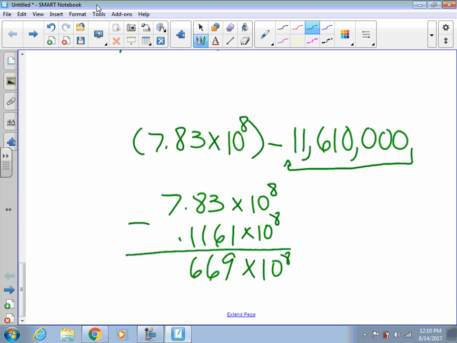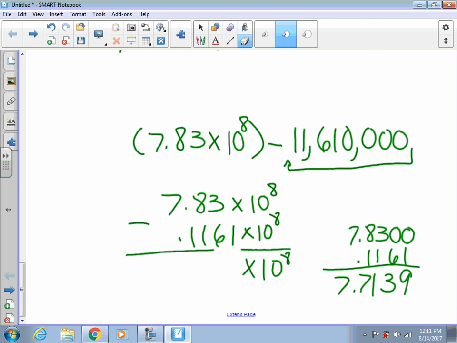Oh, I lost my place here. 7.7139 times 10 to the 8. And I don't have to move my decimal because it's already in proper scientific notation.